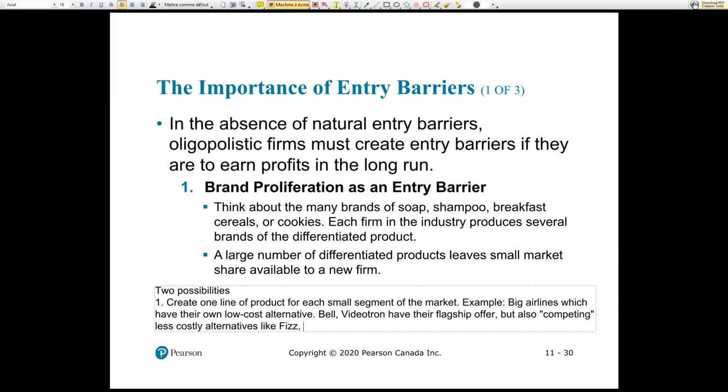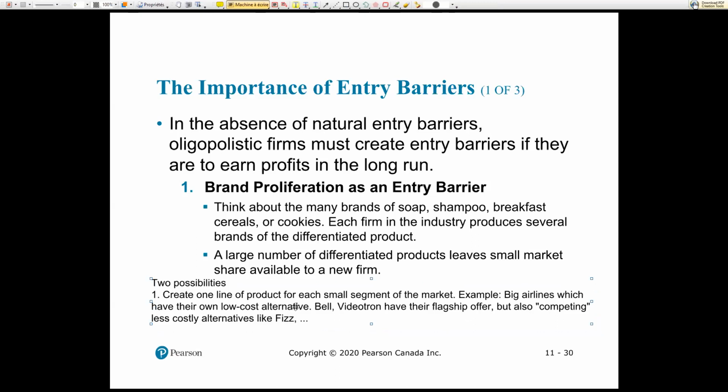So it looks like, oh, there's a lot of competition in the market, but actually, if you look more closely, they're all owned by the same people. So in a way, if you were really in trouble, then it would be possible to just make Fizz worse, so that Bell or Videotron don't lose all that much of their market share.